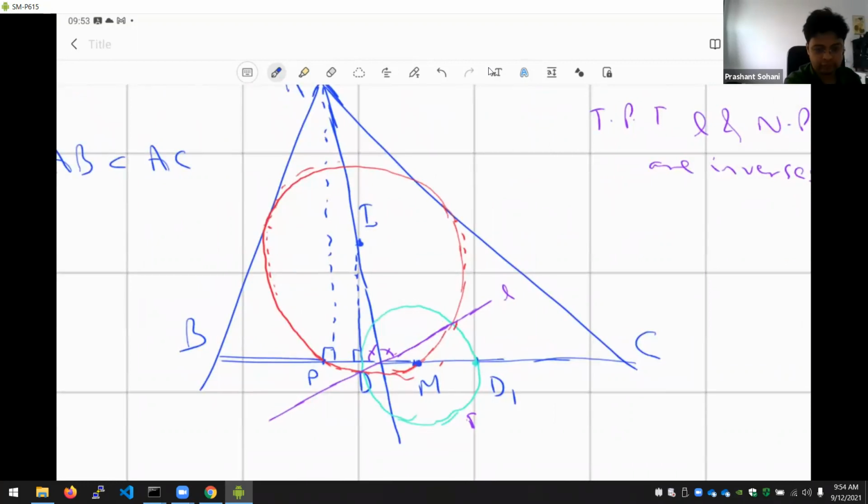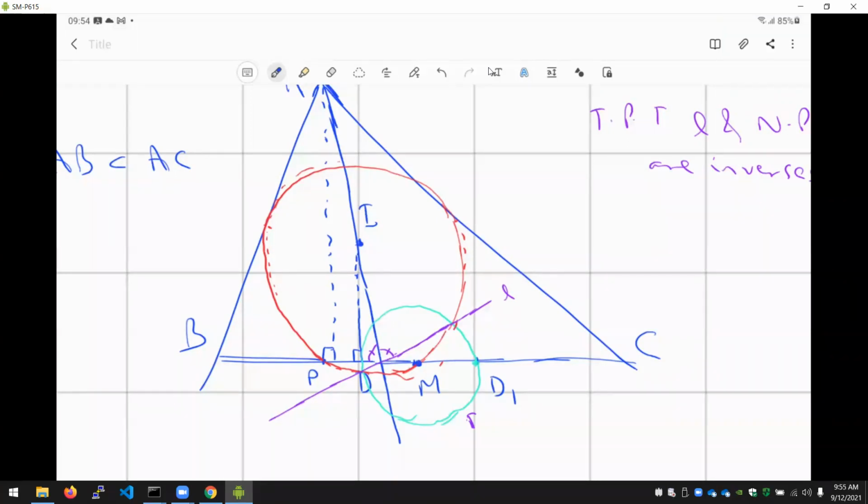If our claim is true, what should be the inverse of P under this light blue circle? If the red circle is going to become the purple line, then where should the point P go? I mean, we have to prove this, but where do you expect it will go?